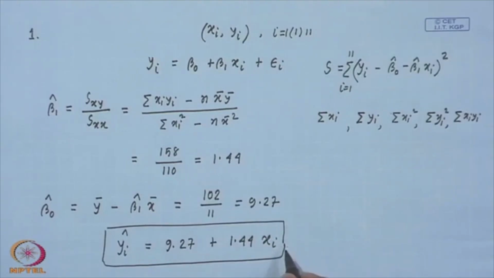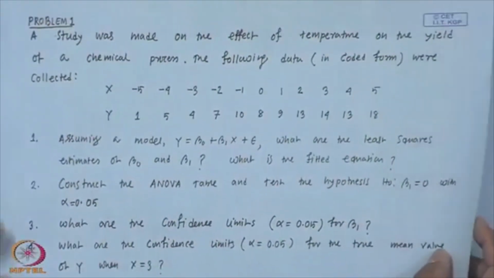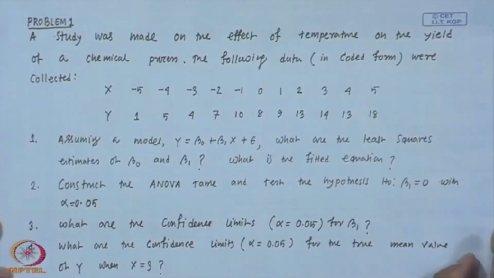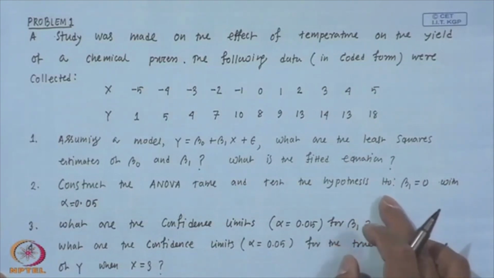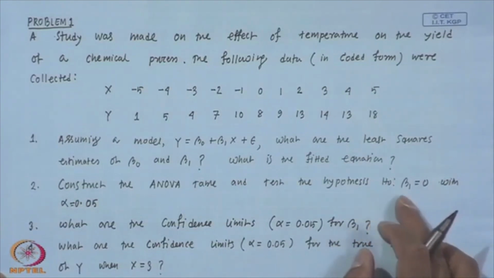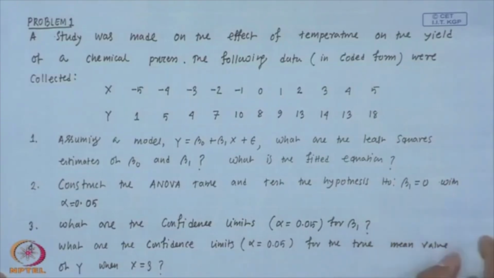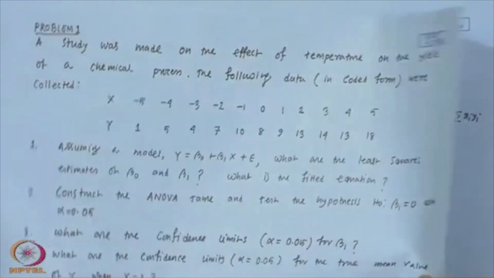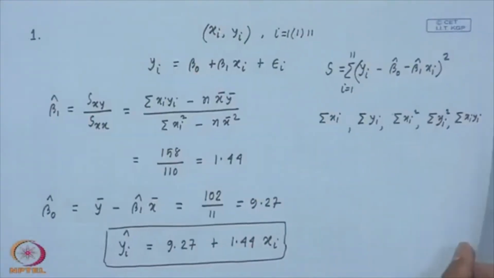Okay. So, the next problem says to construct the ANOVA table and then test the hypothesis H naught, that beta 1 equal to 0 at level of significance 0.05. Okay. So, now construct the ANOVA table. Okay.